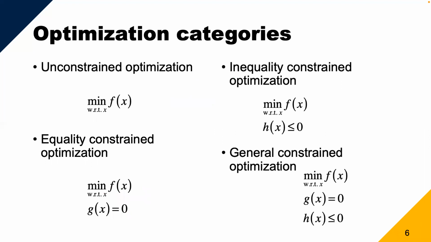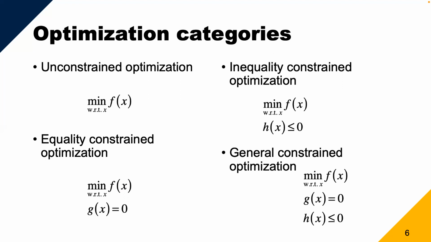Okay. So there's a whole bunch of different ways we think about optimization categories, and one of them is across its constraints. So the easiest is unconstrained optimization. That means that you are just solving for some kind of objective function. You can have equality constraint optimization, where your constraints have to be equal to some value.